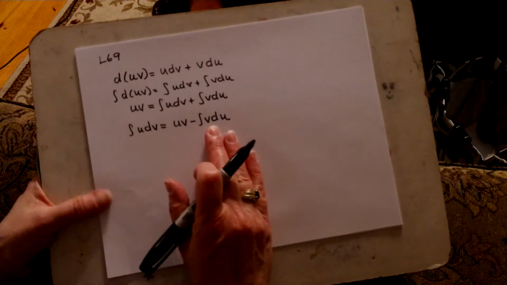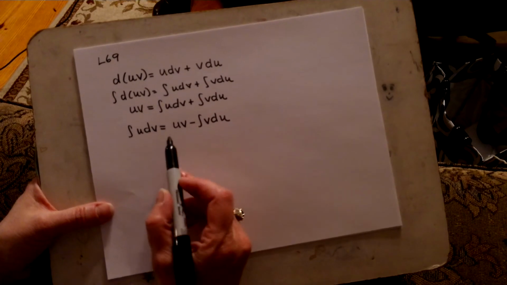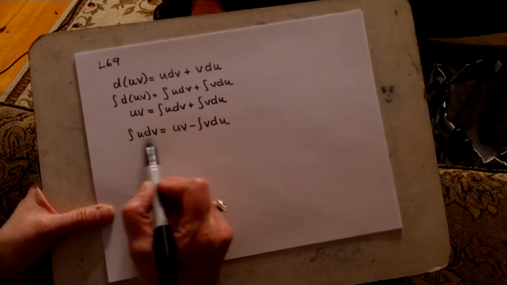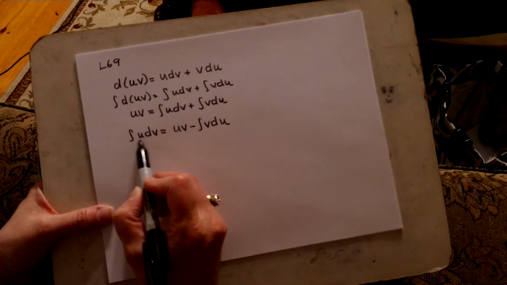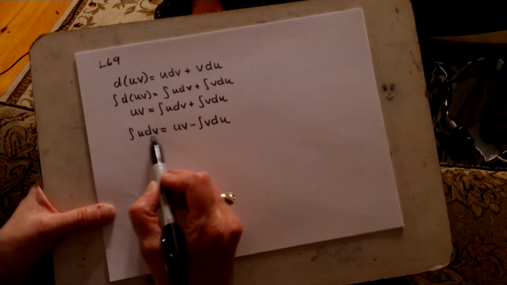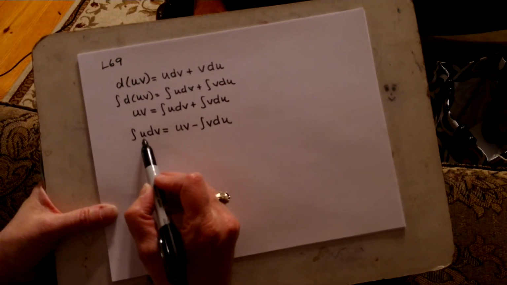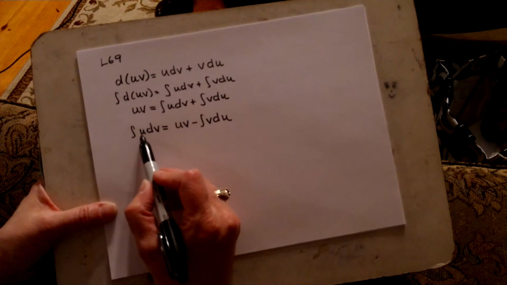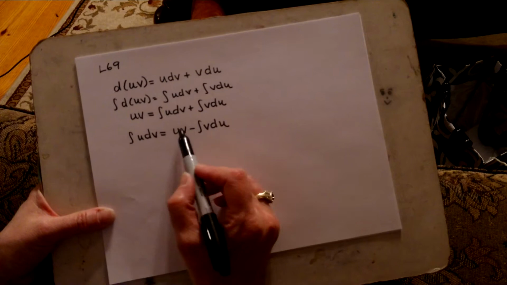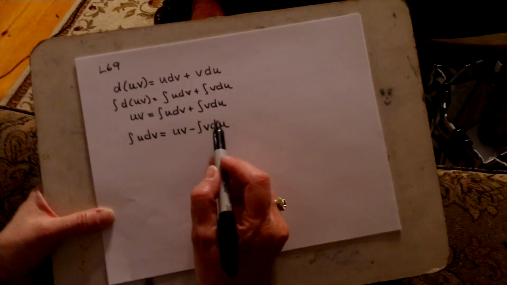So this is our pattern. We're going to integrate by parts by taking the piece that we're integrating and separating it into two pieces, one being our u and one being our dv. Once we do that, then we can find our du and we can find our v, and then we just substitute it into this pattern.